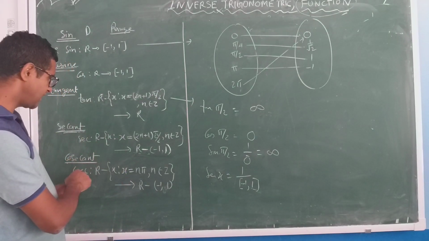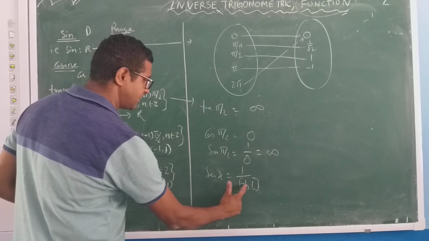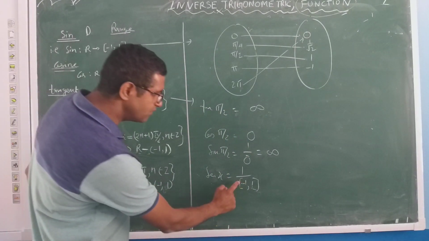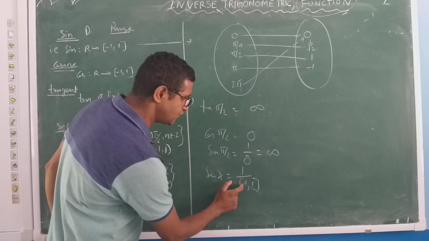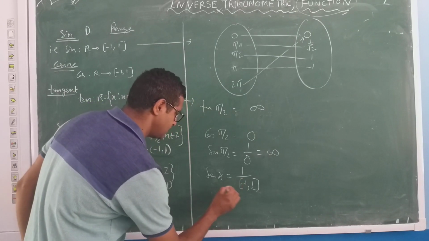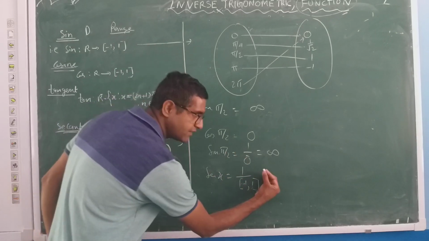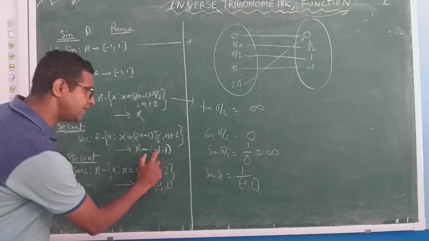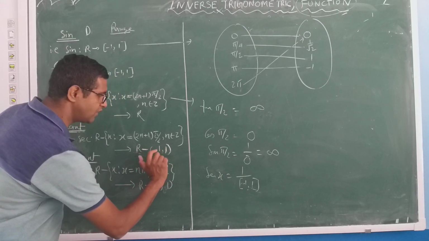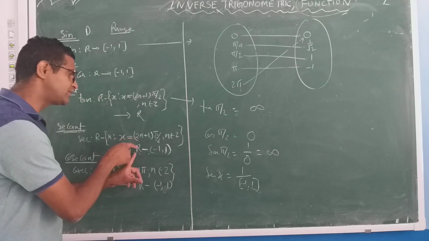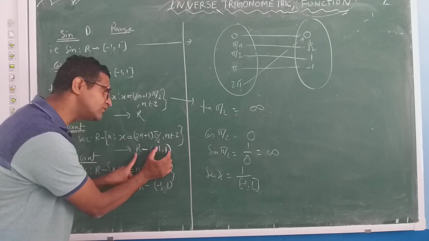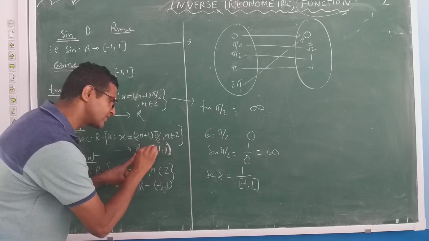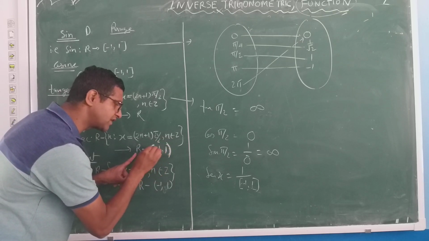If you put the value -1, you get -1. If you put 1, you get 1. So 1 and -1 you will get. I am not subtracting 1 and -1; I am subtracting the values strictly between -1 and 1, that is, the open interval.